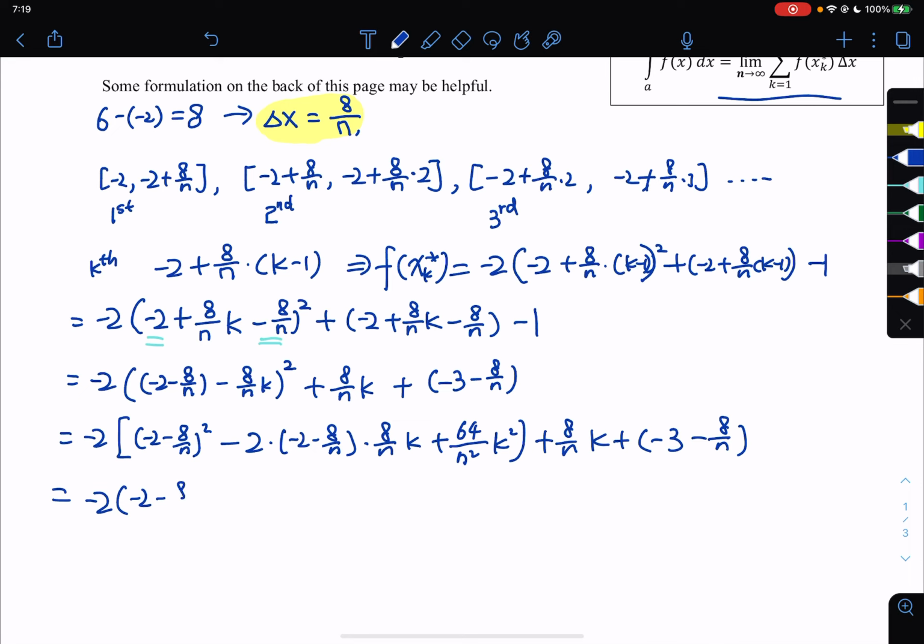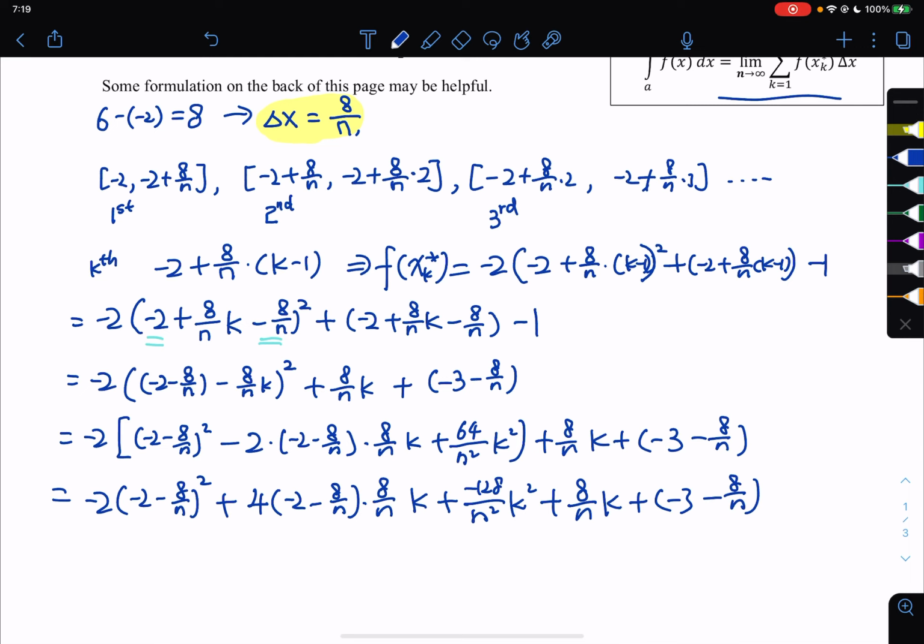As you can tell, this term has nothing to do with k. And the second thing, -2 times -2, which is plus 4, and then times -2 minus 8 over n times 8 over nk plus -1 times 8 over n squared k squared plus 8 over nk plus -3 minus 8 over n.